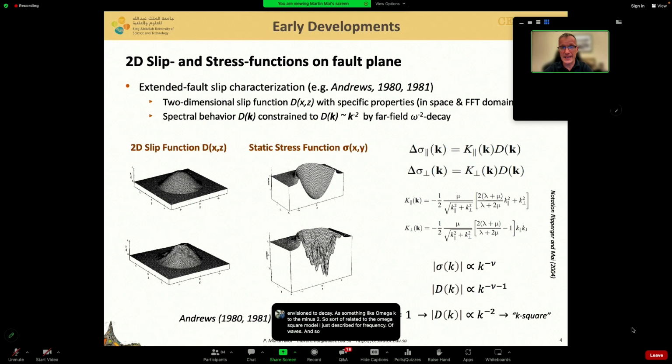And so stress and slip are intimately related. And on the right, I show these equations, how we frame them in the Fourier domain. And it turns out that these equations that link stress on the left and slip on the right via a so-called stiffness function turn out to be extremely useful later on for our dynamic rupture simulations and for kinematic rupture modeling.